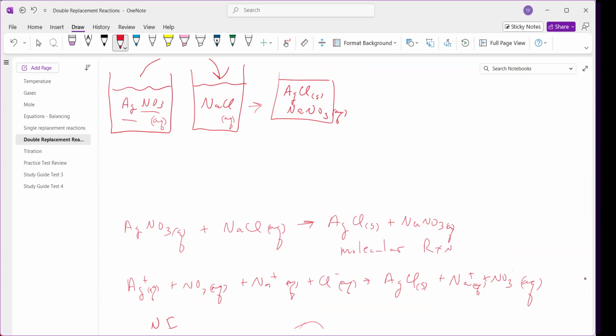Sodium, sodium, 1 and 1. Chloride, chloride. Just look at the numbers, just like you're balancing any other equation. Okay, so that's the total ionic equation, TIE. ME for molecular equation.